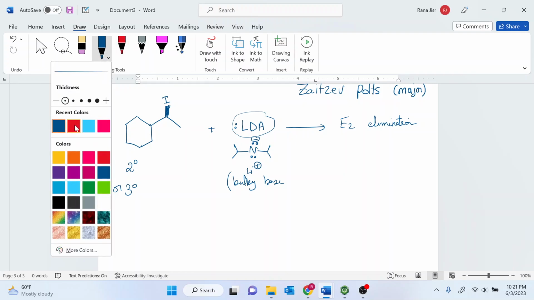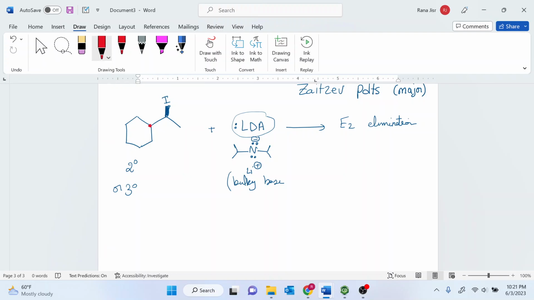If you have 2 different types of beta hydrogens, here I do have 2 different types of beta hydrogens. I have a beta hydrogen that is at the back here, and I have another beta hydrogen in there. Since this guy is a very bulky base, bulky bases need room when they attack. This is always the case. It's not like small bases.